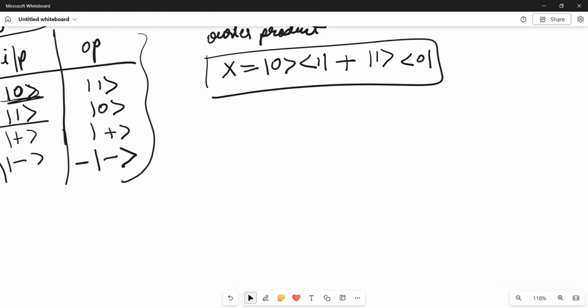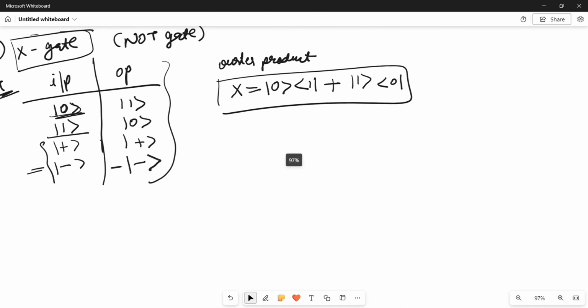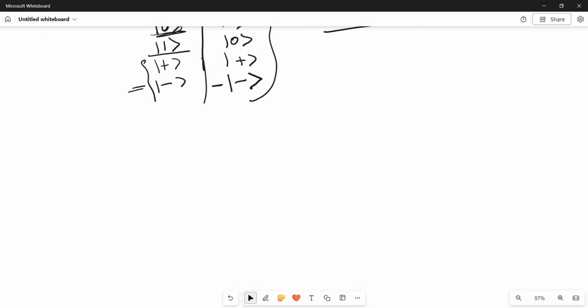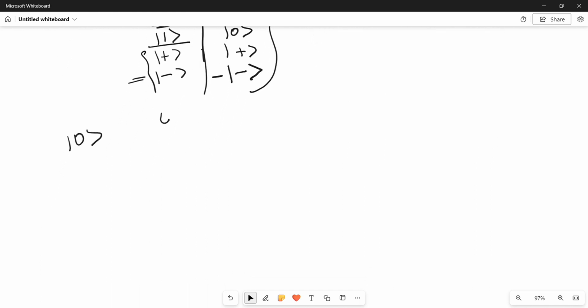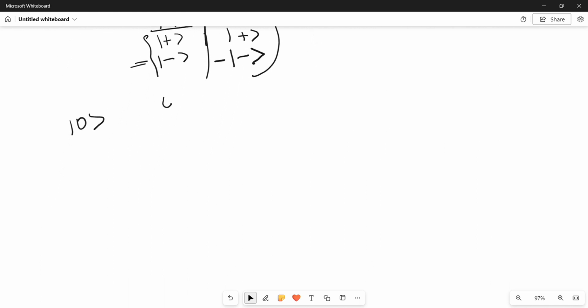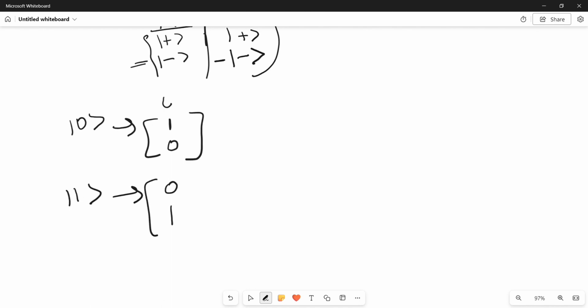Now before the derivation, let me tell you some basic things. We studied this at the very beginning, when we studied outer product, inner product, dot product and all those things, but I'm telling you here because we are using this. Ket 0 is written as 1 0, and ket 1 is written as 0 1. Bra 0, sorry, I wrote this wrong.